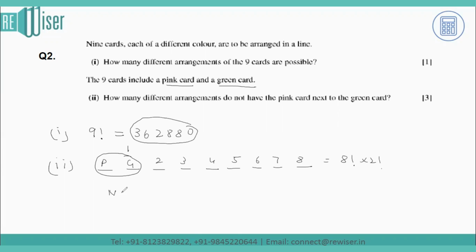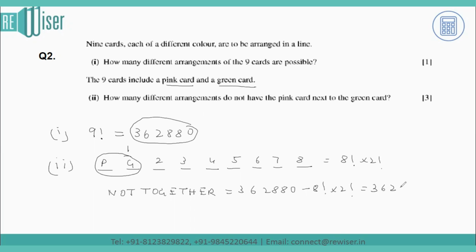So if we talk about not together, then from the total arrangements, which was this, we'll subtract 8 factorial into 2 factorial. So we get the figure for 8 factorial into 2 factorial.